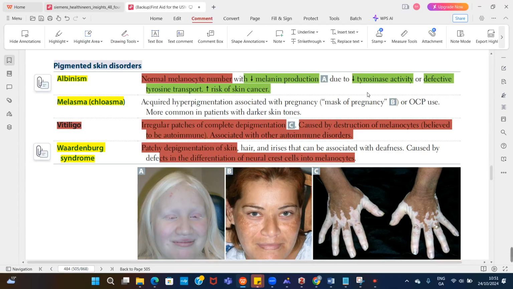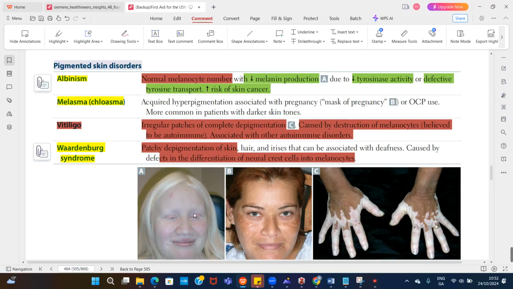Don't make that mistake. People with albinism have a generalized hypopigmentation, because if you don't have melanin, the skin is hypopigmented. It looks white, just like image A, right? We have two forms: the oculocutaneous form and the ocular form.